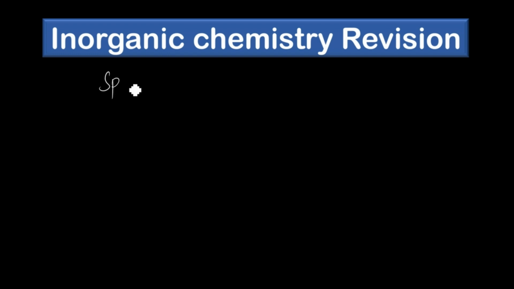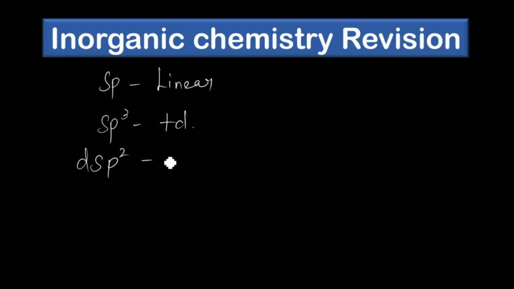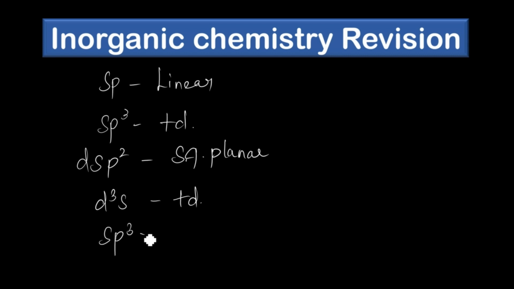So sp is mostly not going to come, but it is linear. sp3 is tetrahedral, dsp2 is square planar. d3s is also tetrahedral, I'll come to this in the d and f block chapter. sp3d is trigonal bipyramidal.